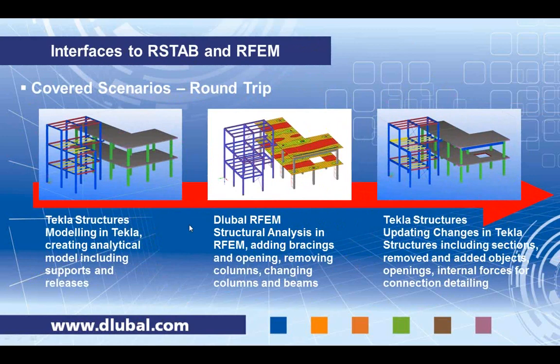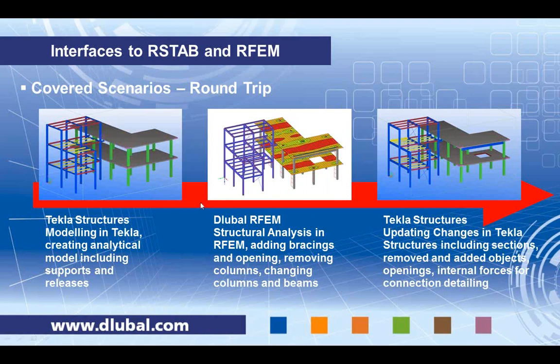The typical covered scenarios are a round trip that I explained a little bit so far already. There is the Tekla model that includes the analytical representation of the model. We do the design inside RFEM and we update the Tekla model.